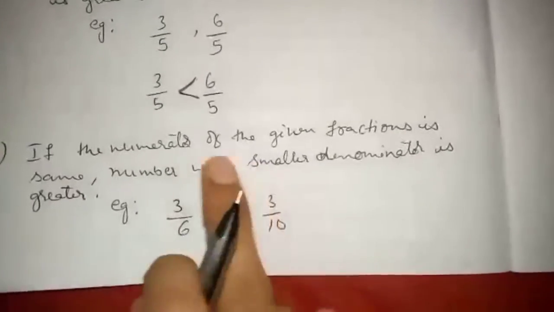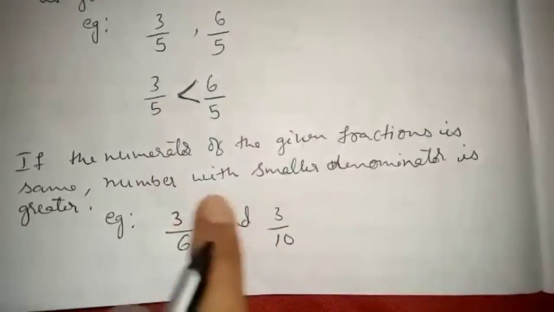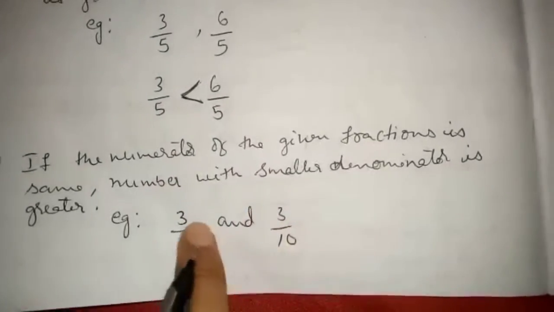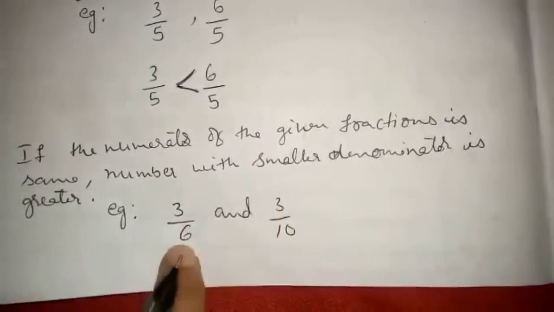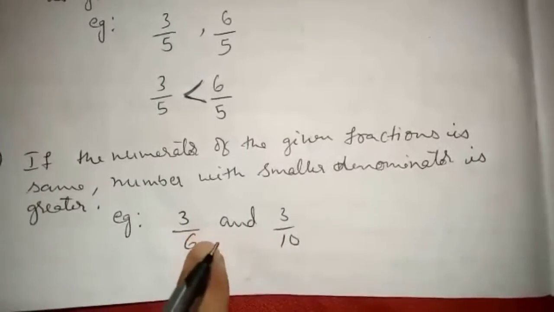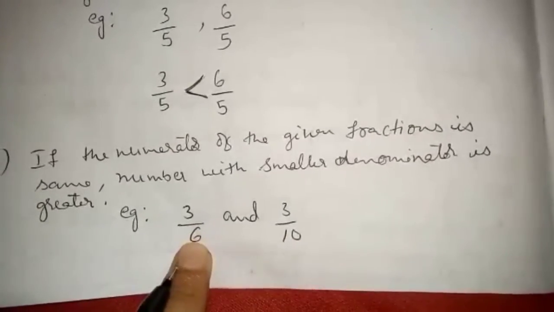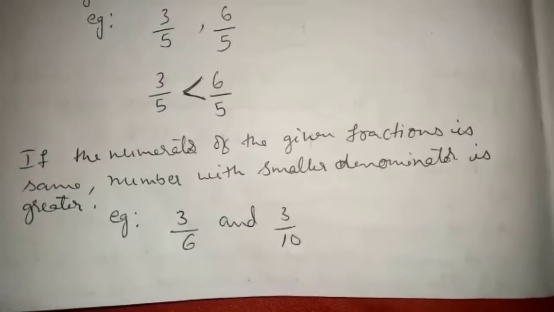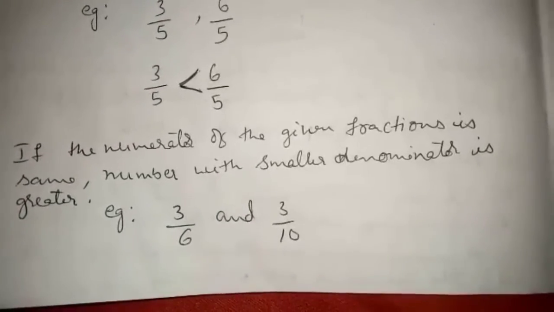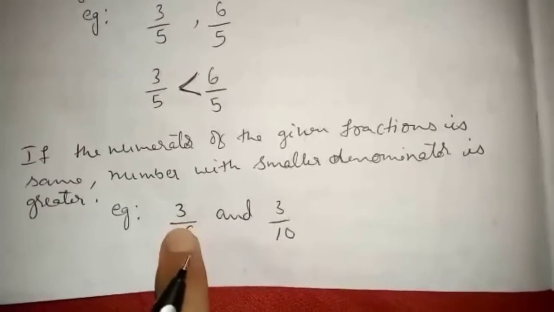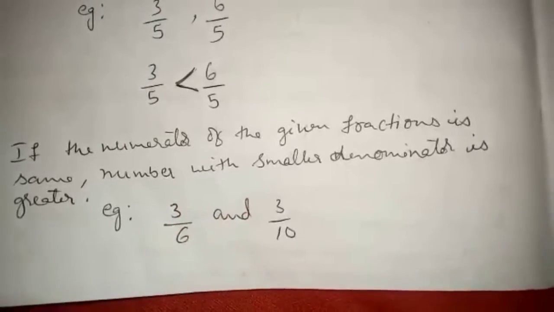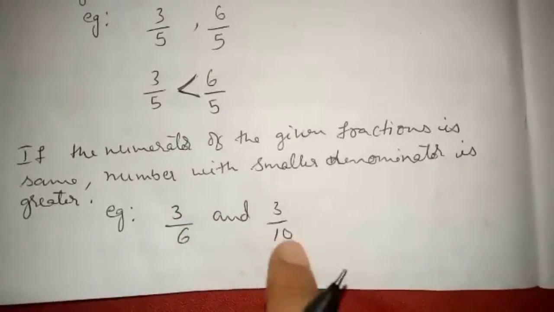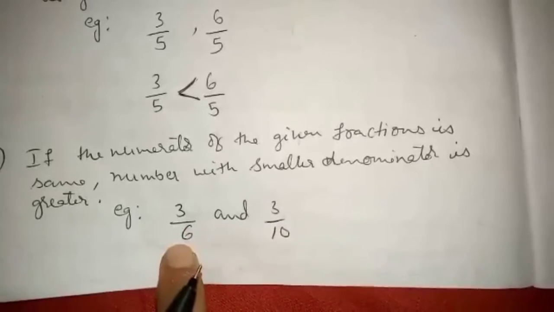So here numerator is same. If you have numerator same, then you have to look at the denominator. In this, which will be the smaller number? That becomes the greater fraction. It's like reverse. The smallest denominator becomes the greater fraction. So here 6 and 10, 6 is the smaller, right?